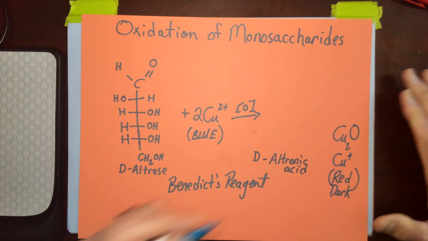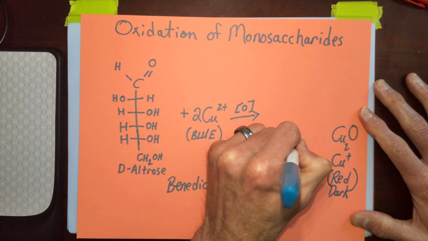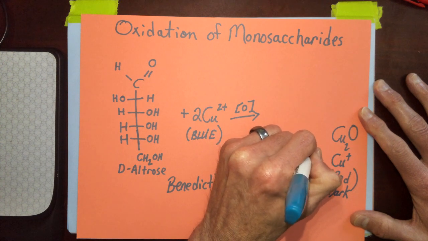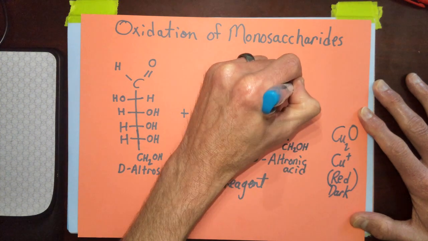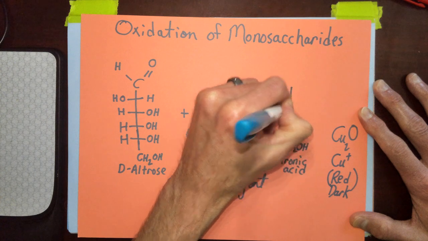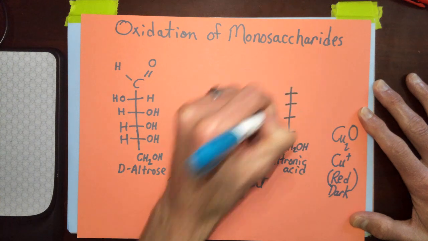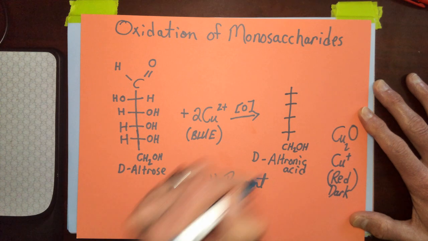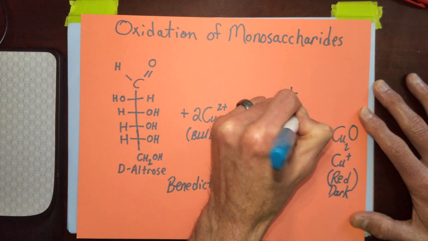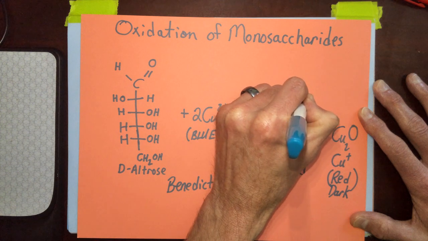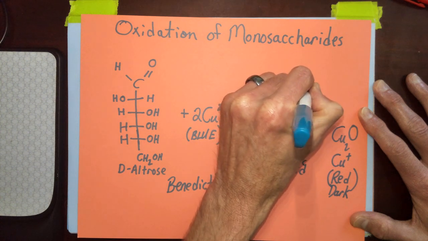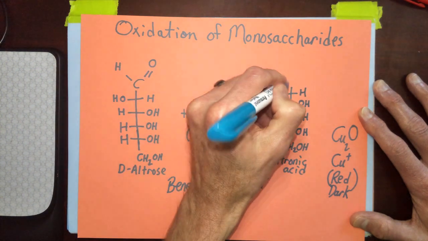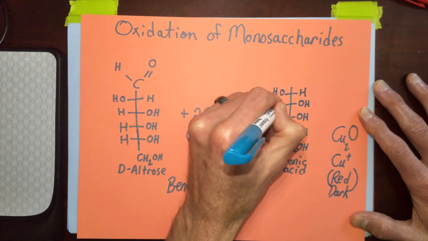It'll still have the same structure here, carbons 1, 2, 3, 4, the same look to it. The difference is that the aldehyde has become a carboxylic acid.